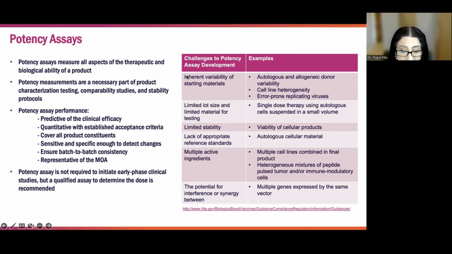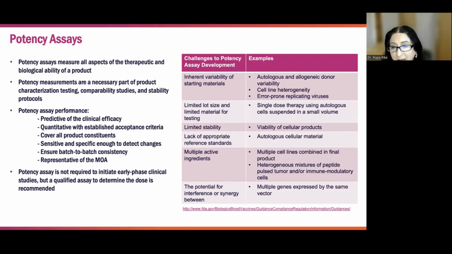And in many cases, we have seen that a potency assay is not required to initiate early phase clinical studies, but a qualified assay to determine the dose is highly recommended by the regulatory agencies. So on the right side, again, I have taken a table from the chapter, and it describes the common challenges in developing potency assays along with examples that you can see.